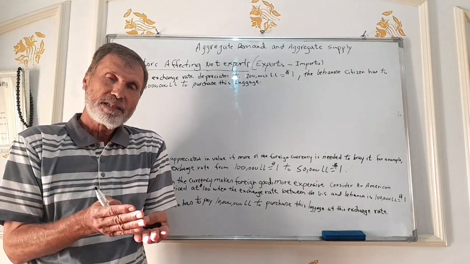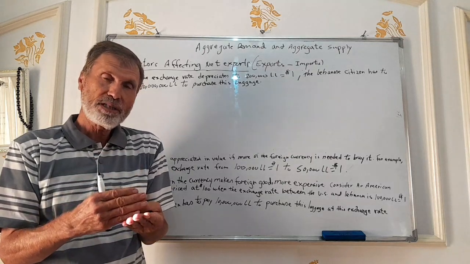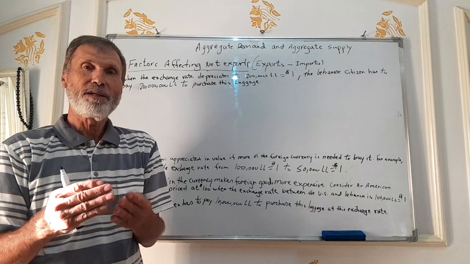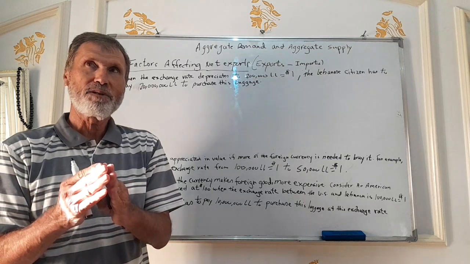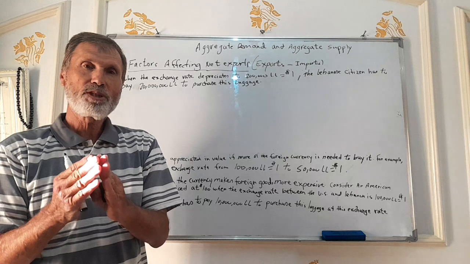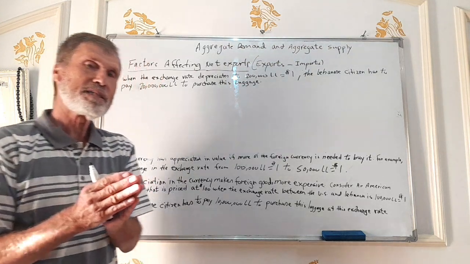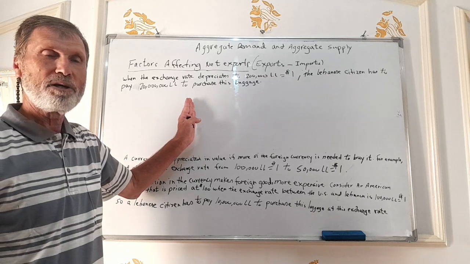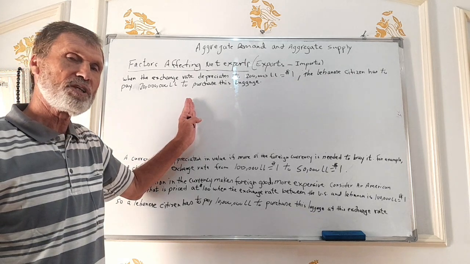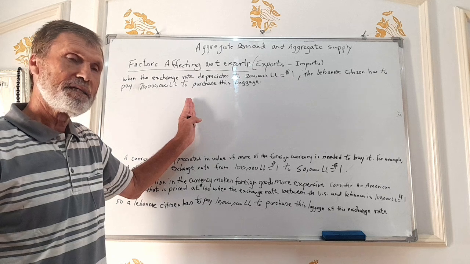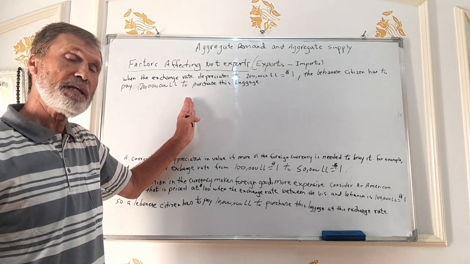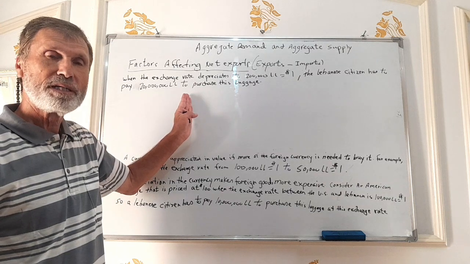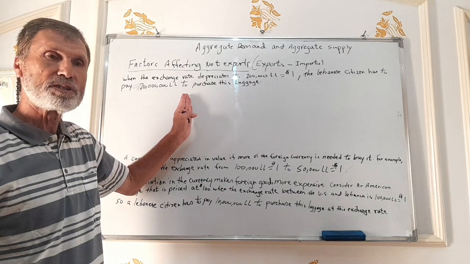So in this case, we're talking about appreciation. It implies that the Lebanese citizen has to pay less. If the exchange rate has become 50,000 Lebanese pounds equal $1, then at that exchange rate, the Lebanese citizen has to pay 5 million Lebanese lira to purchase this luggage.